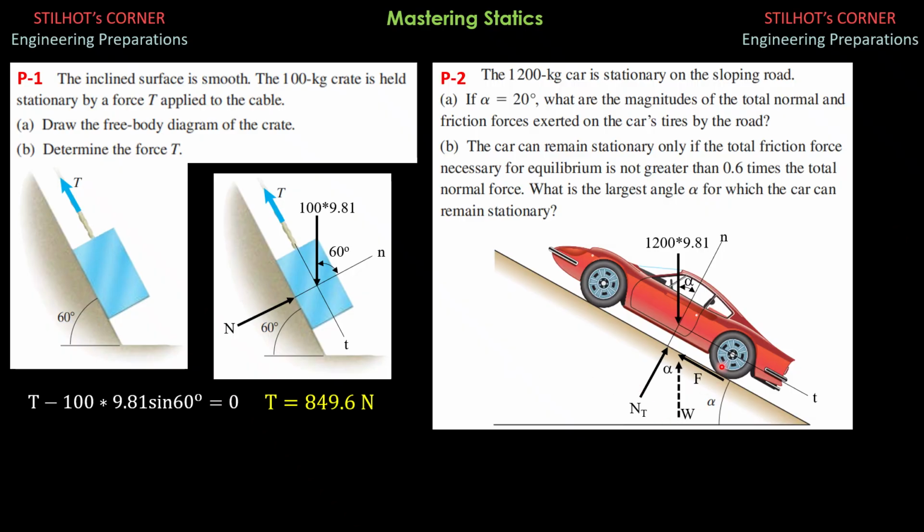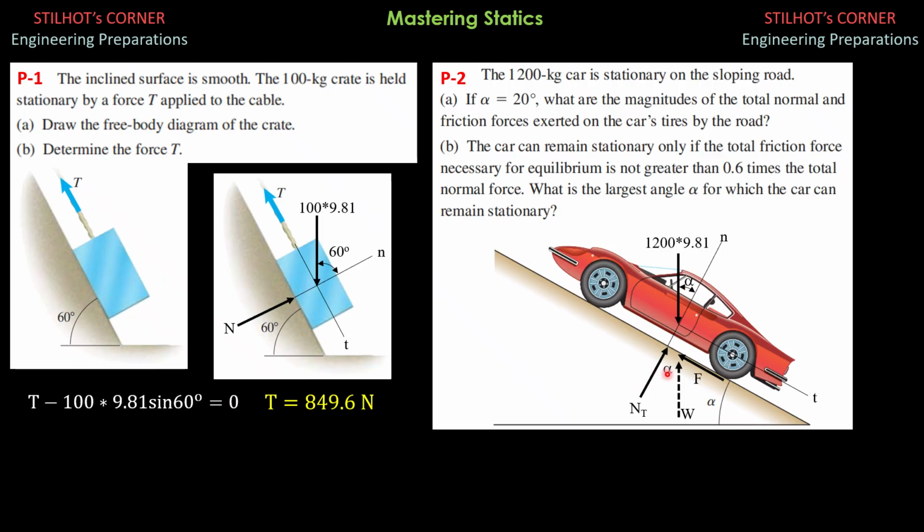This is the resultant of the total normal force and the total frictional force. The reaction between N_T and F should be equal to the weight, and these should be collinear if this car remains in equilibrium.